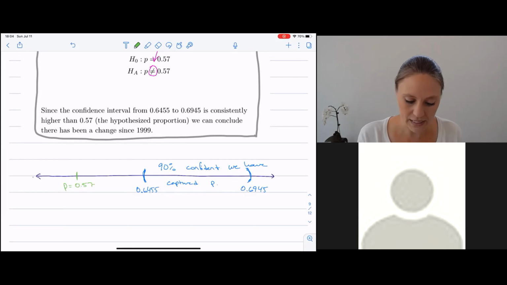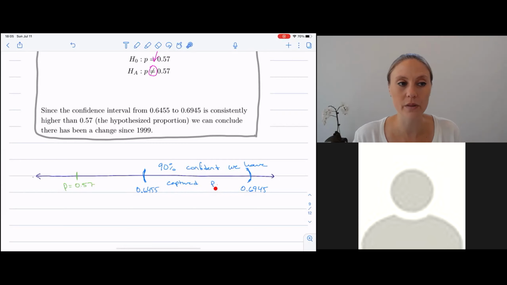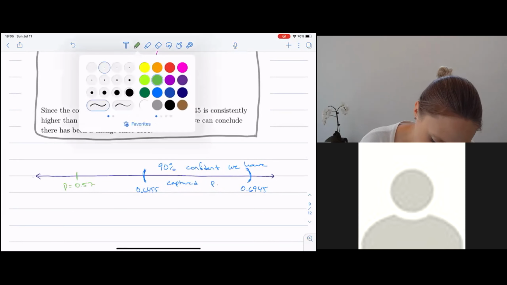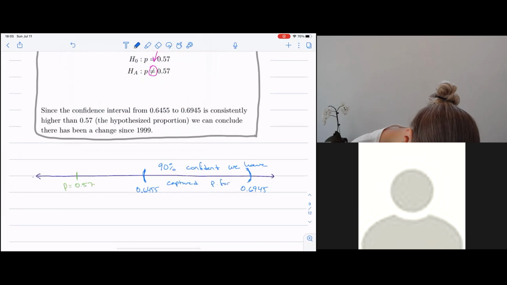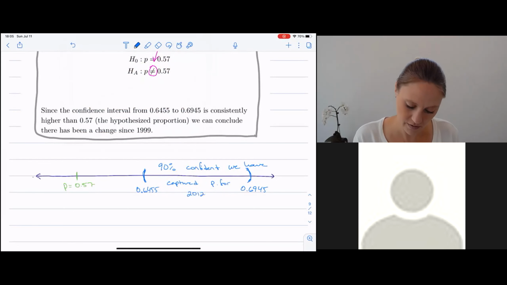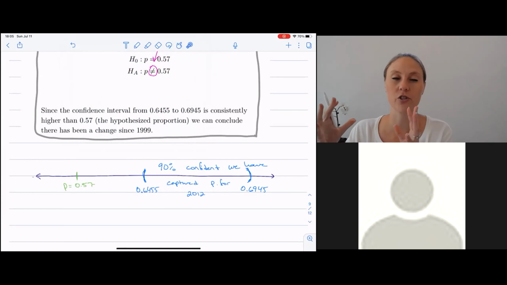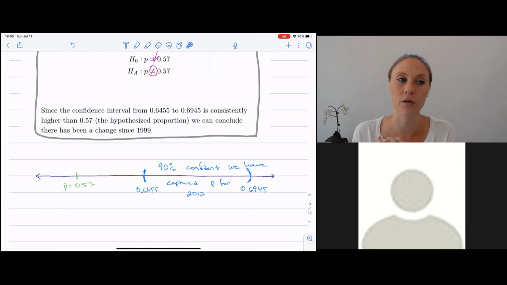And so because we're 90% confident that we've captured the population proportion for 2012, it looks like things have shifted and it looks like they've increased, but the question only asked if there was a change, and it looks like there's been a change, right?